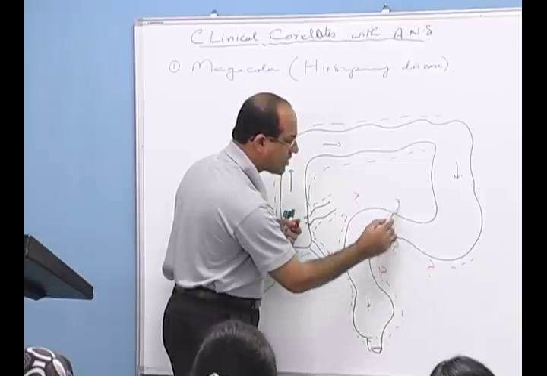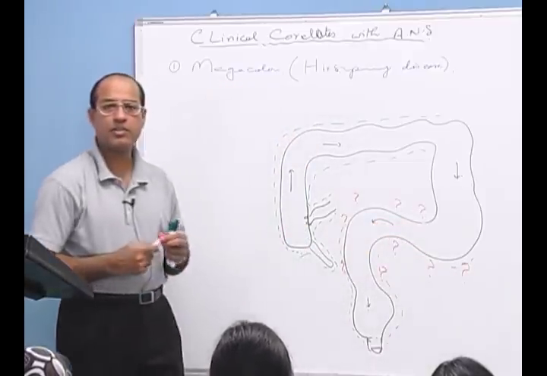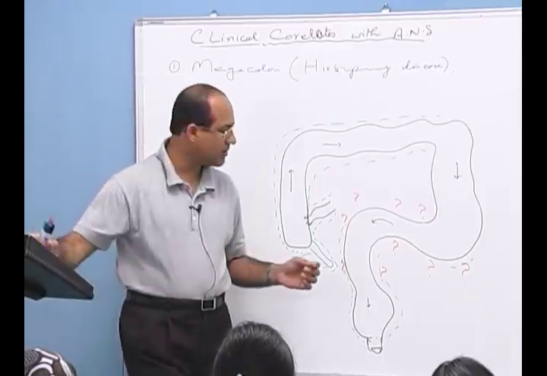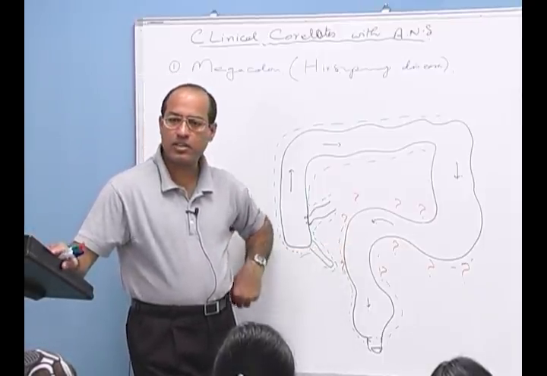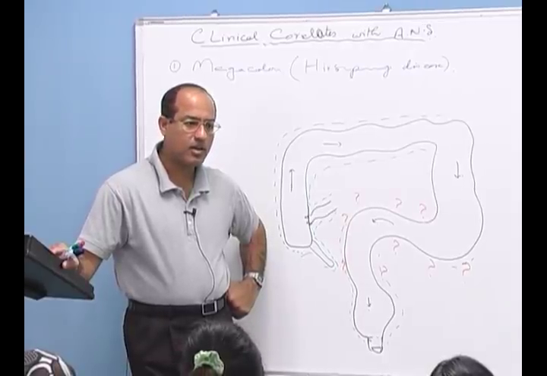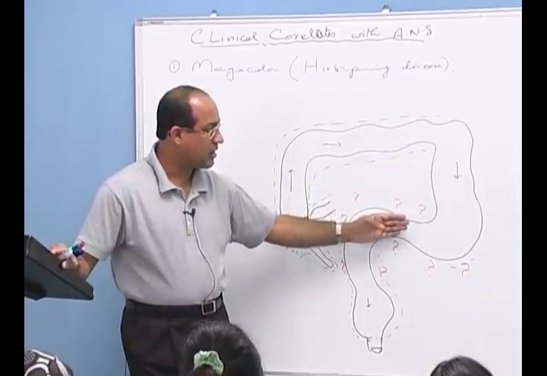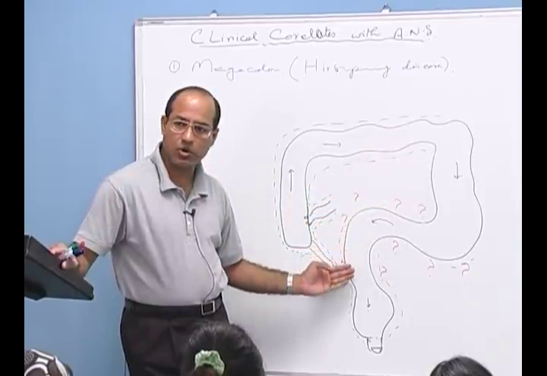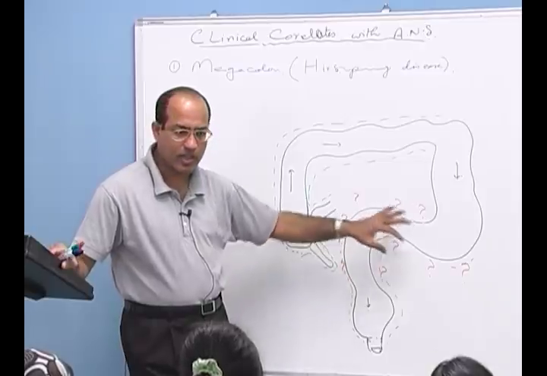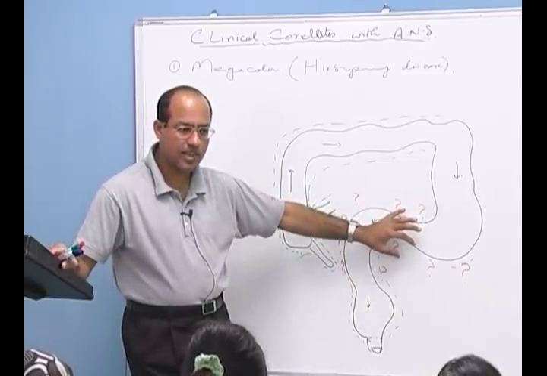The extent of the aganglionic segment may vary from patient to patient. Again, let me tell you what's wrong with the patient: there is faulty migration of the neural crest cells. Due to that reason, the layer of autonomic ganglia within the GIT wall is not complete and there is a gap. And we see there is an aganglionic segment.